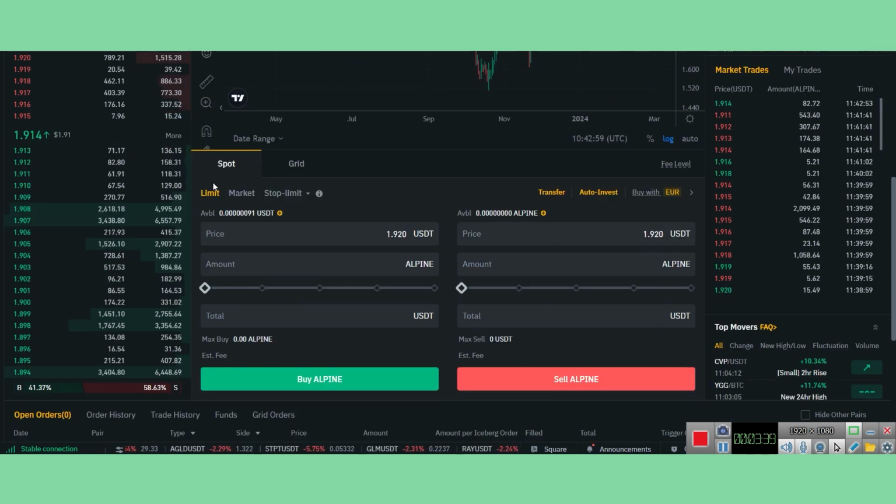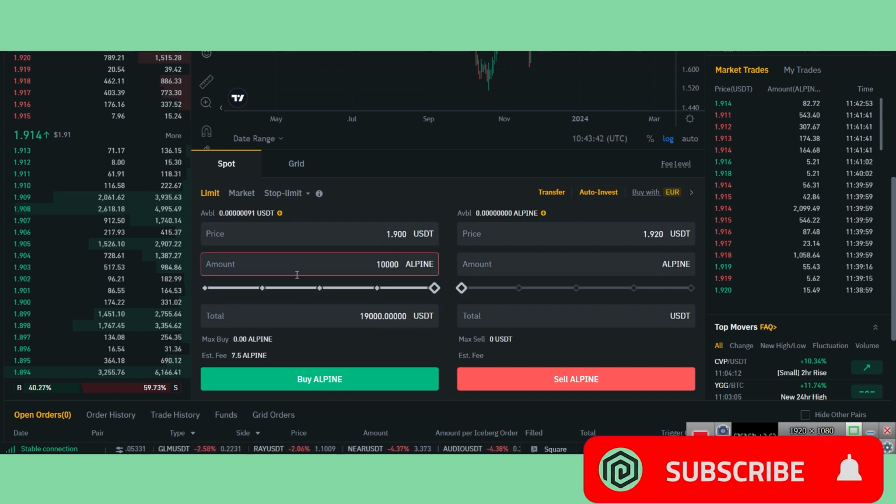So what are these limit orders? It means that you are making an order. You are a maker here. You put a price, here is limit, buy order, sell order. For example, you say, okay, the price is 1.914. You say, okay, if the price goes down to 1.900, I would like to buy, for example, 10,000 of this cryptocurrency.